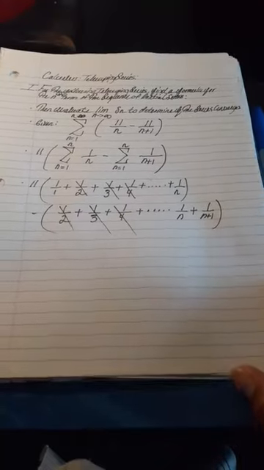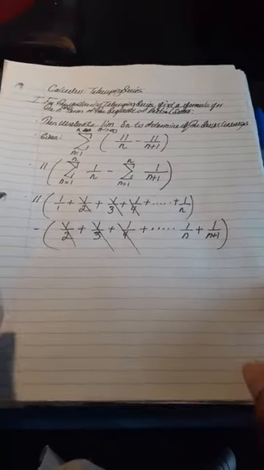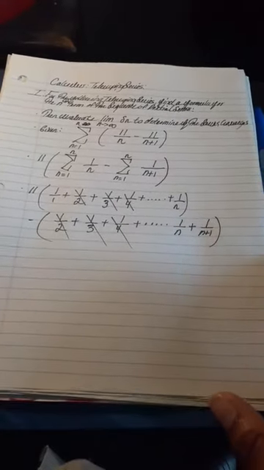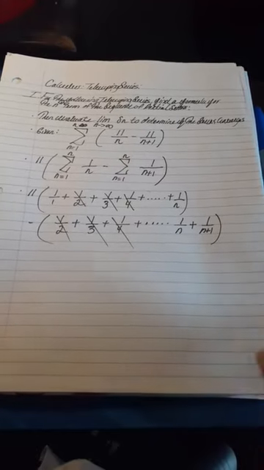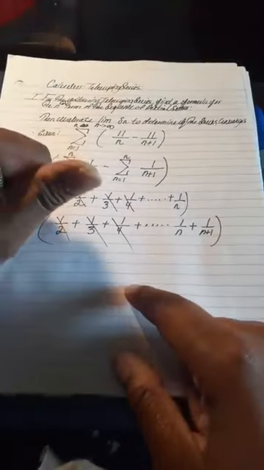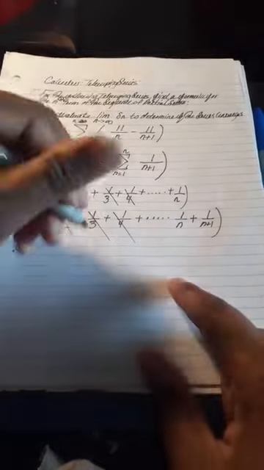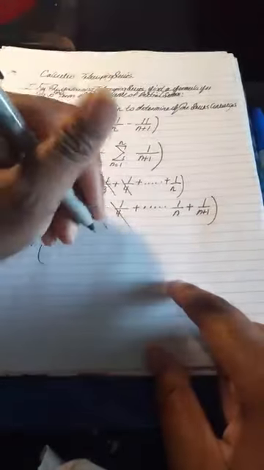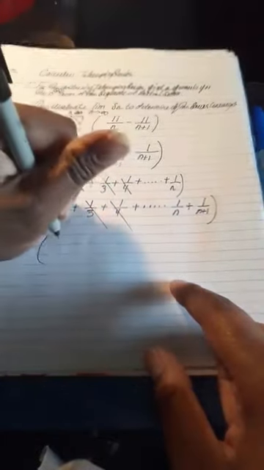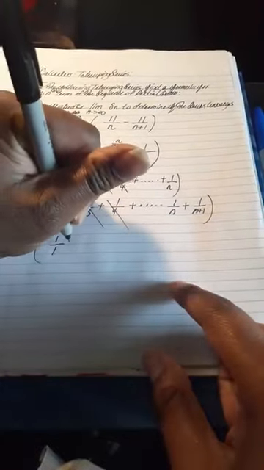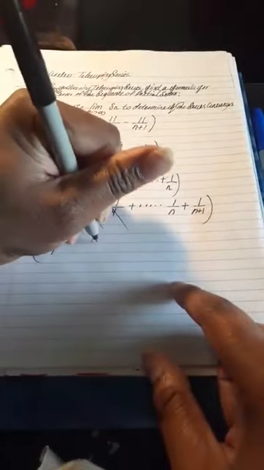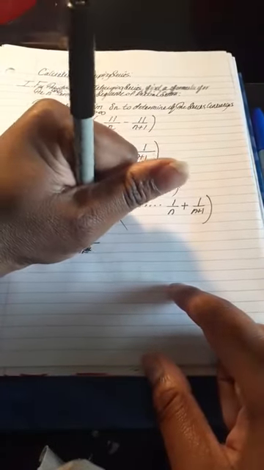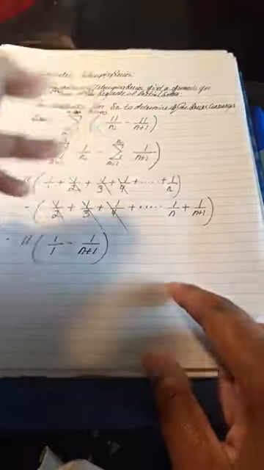They're falling away, dropping out, so to speak. And every term but the first and last one is left. So that's why it's telescoping. So we still got our 11, and all we're left with, again, 1 over 1 is just 1, so we're left with 1 over 1 minus 1 over n plus 1.